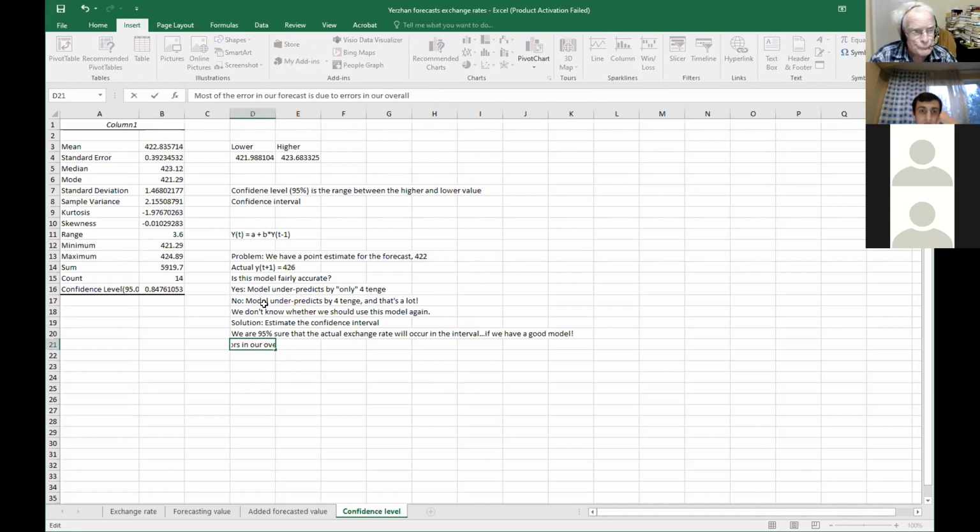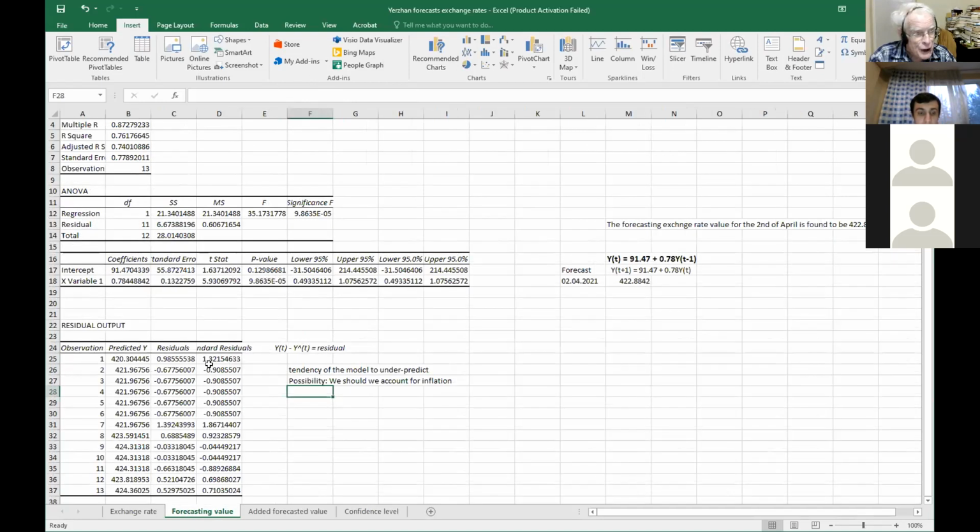So, for example, in this case, we have found that most of the mistakes are underestimates using our observations. So, since we made underestimates of past values, it's not surprising to find that a forecast of 423 is an underestimate as well.